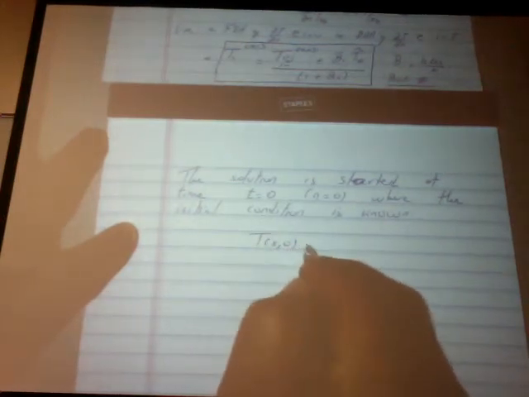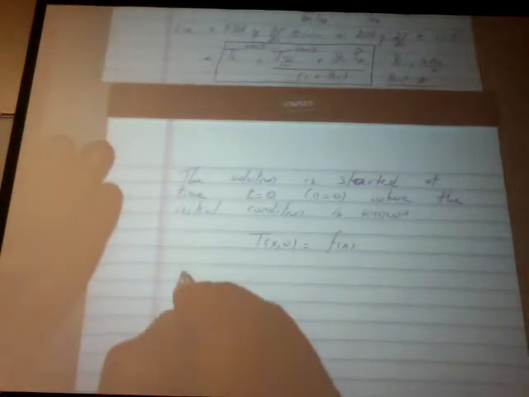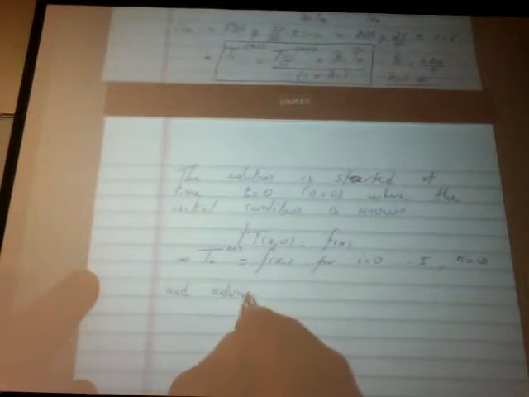That means T can be some function of x, and therefore all the values of T at all nodes i and n equal 0 are equal to f of x_i for i equals 0 all the way to I, and n equals 0. And advanced in time explicitly.